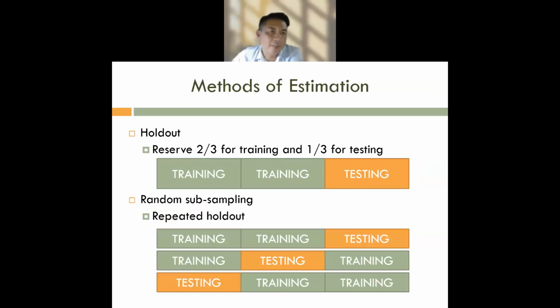When we discussed K-fold just now, initially they have 2/3 for training and 1/3 for testing. This is what we call the holdout.